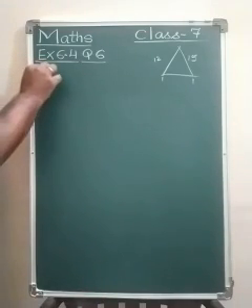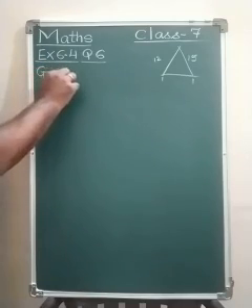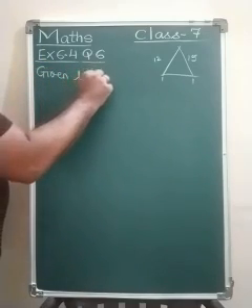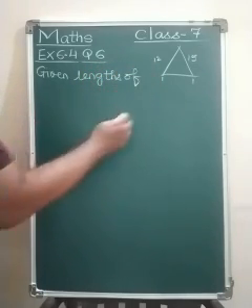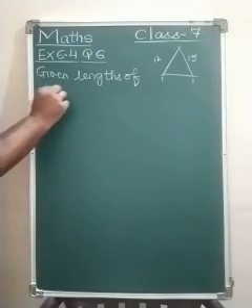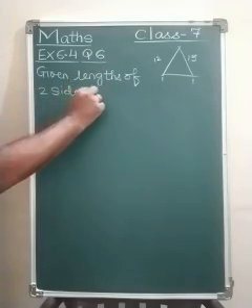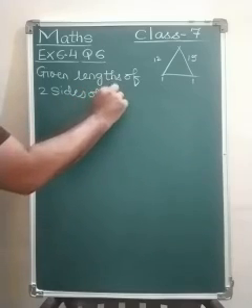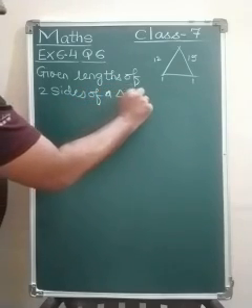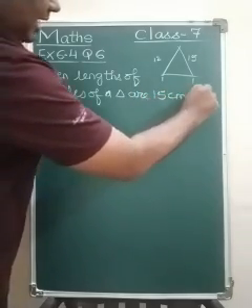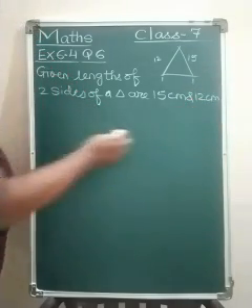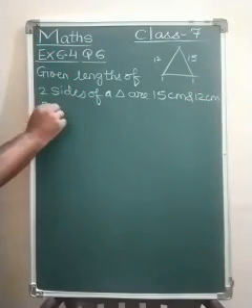So, given lengths of two sides of a triangle are 15 centimeter and 12 centimeter respectively.